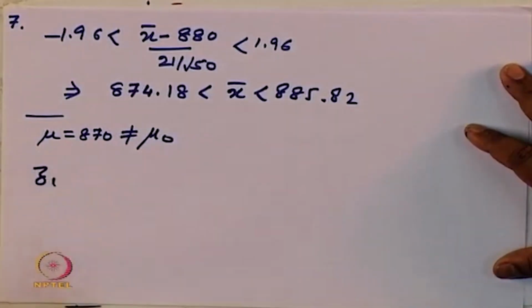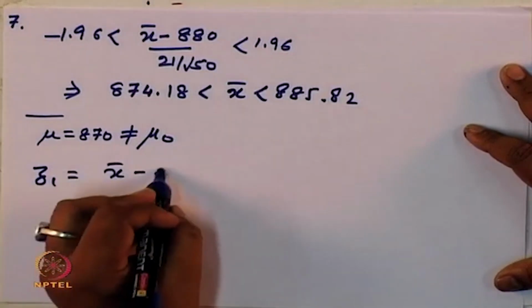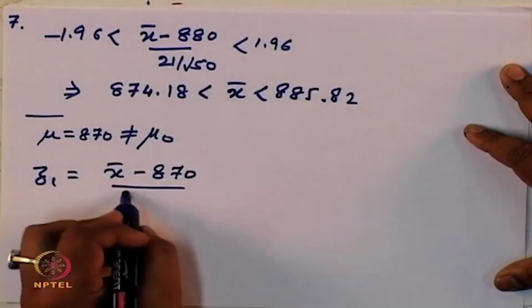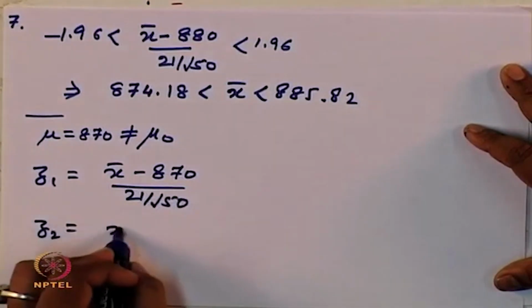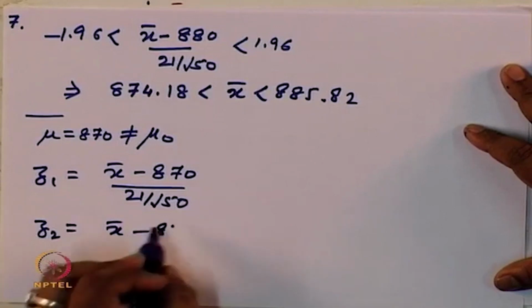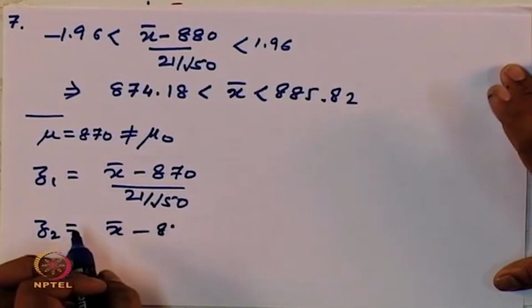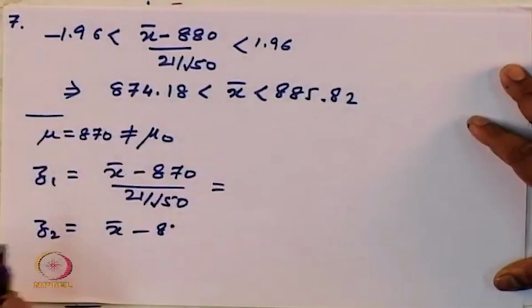So, I can calculate the test statistics Z1 and Z2, which are given by x bar minus 870 by 21 by root 50. Using this expression, I can plug in these values.